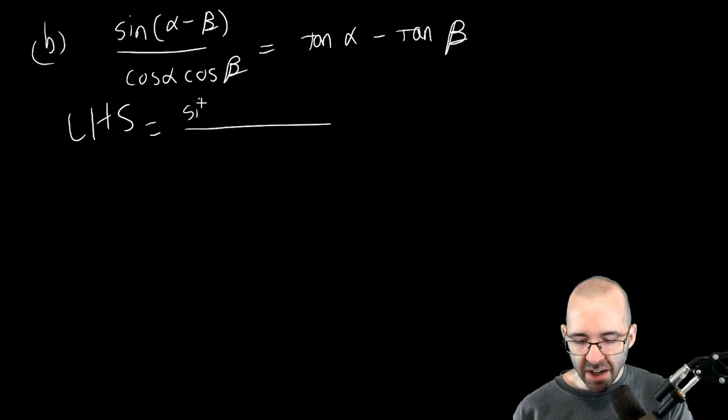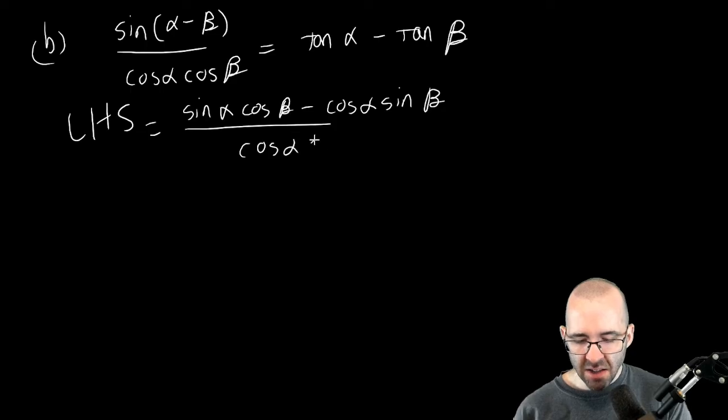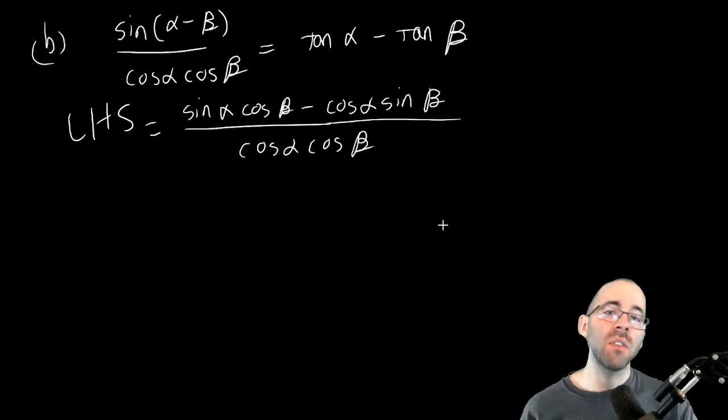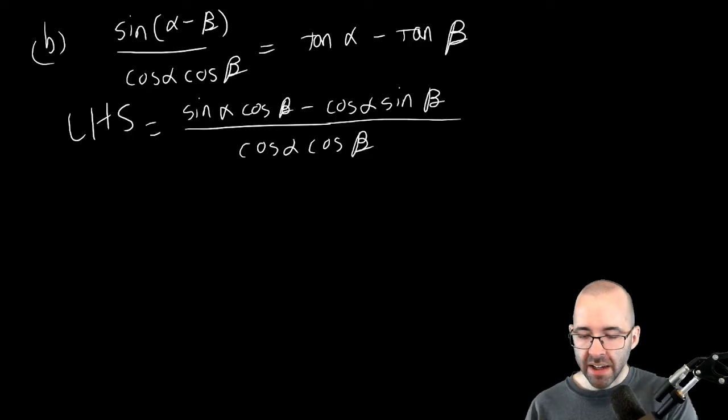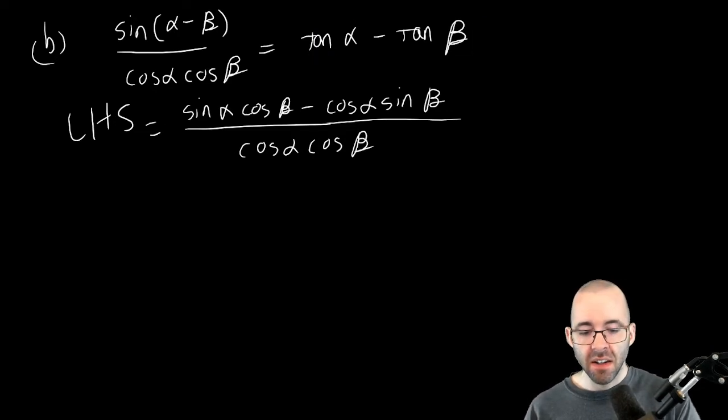So our numerator will be sine of the first, cosine of the second, minus cosine of the first, sine of the second. Okay, so this doesn't look great right now, but again, let's pause, see where we are and see where we're trying to go. So there are 2 things I notice here. One of the things is we have tangents at the end of the day. Tangents are fractions, right?